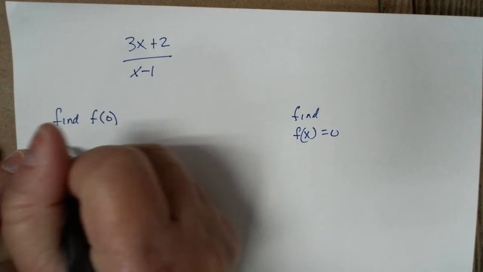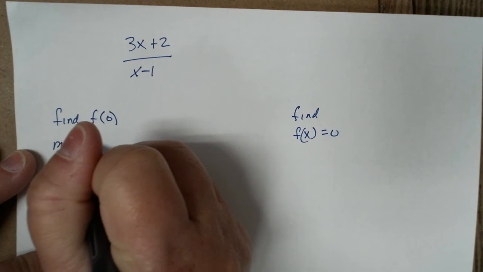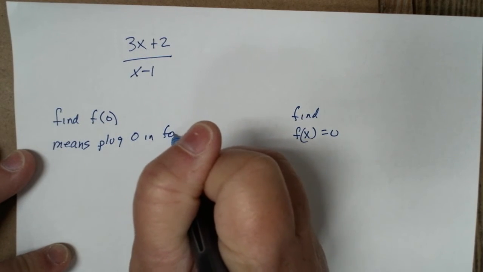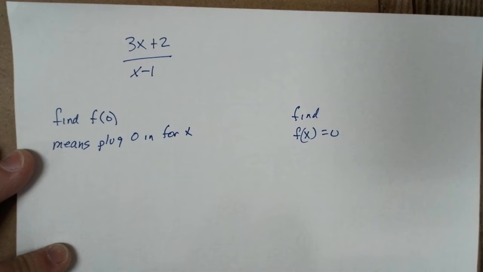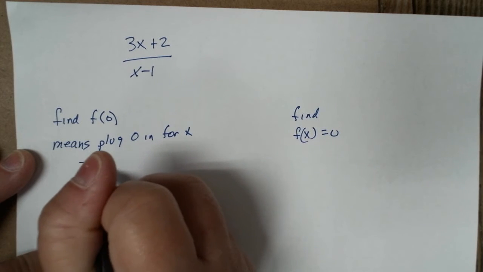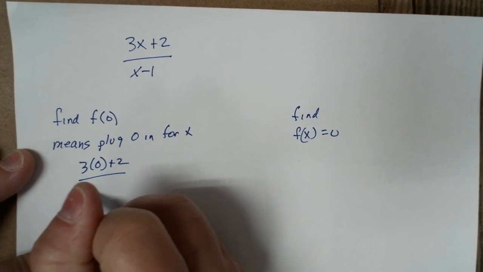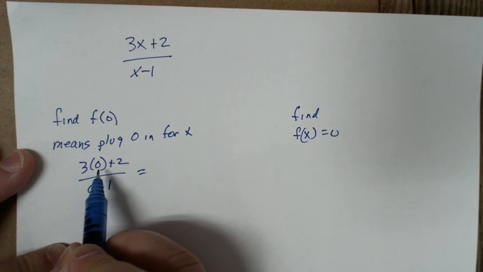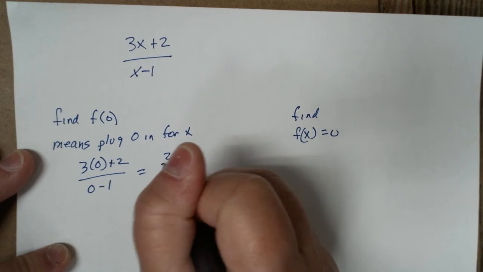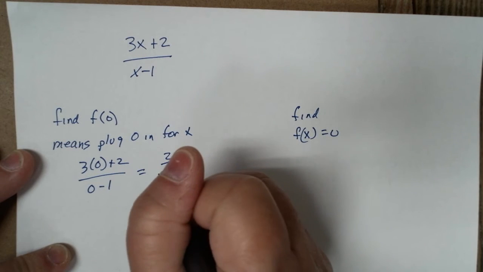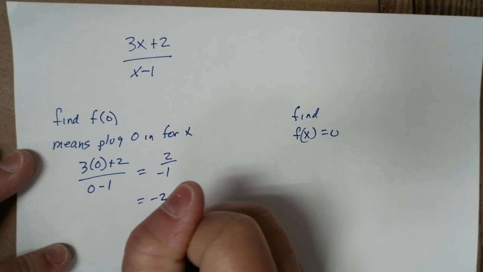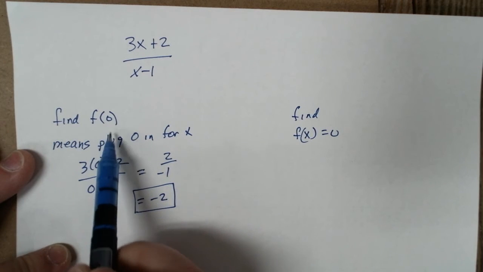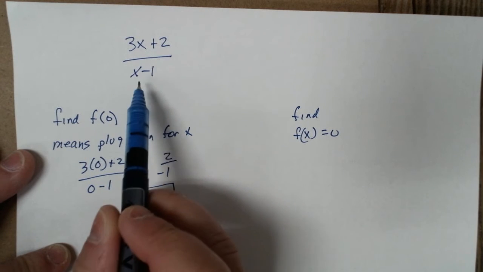Well, f of 0 means plug 0 in for x. 3 times 0 plus 2 over 0 minus 1. 3 times 0 is 0 plus 2 is 2. 0 minus 1 is negative 1, that's negative 2. So whenever it says find f of 0, it means plug 0 in for x.